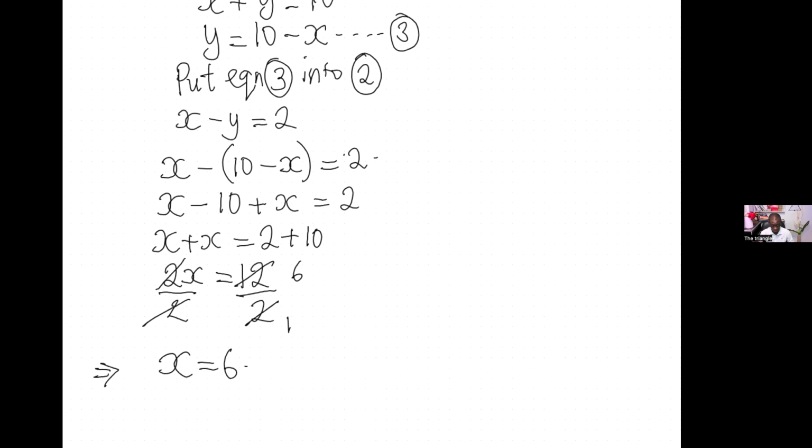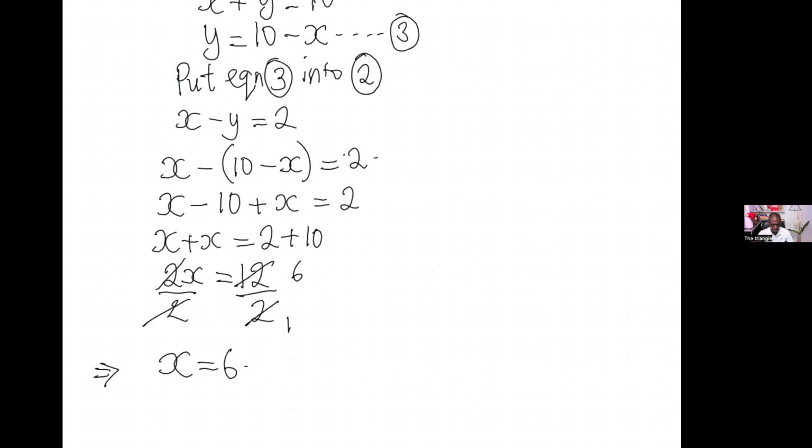Now the next thing we have to do here, we'll either substitute the value of x into equation 3, or we'll substitute it into the original equations, which is either equation 1 or equation 2.